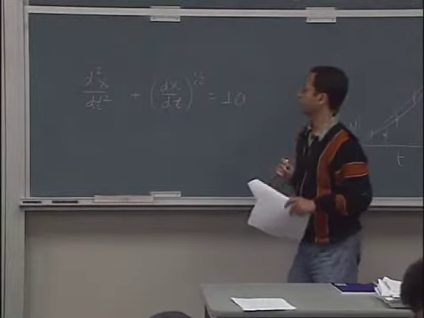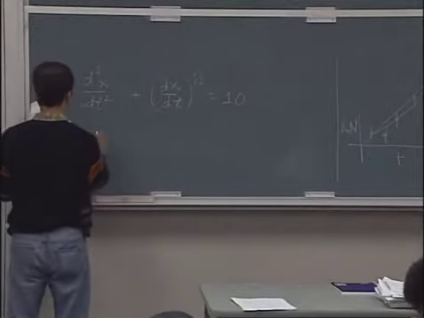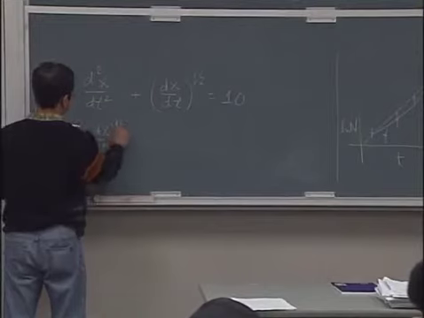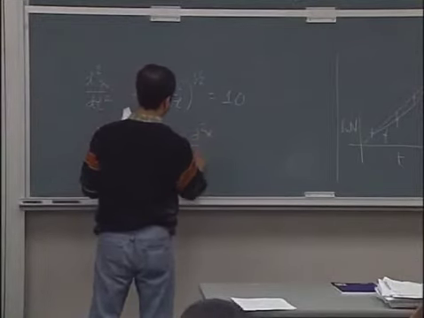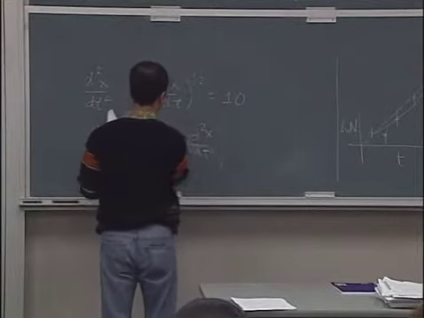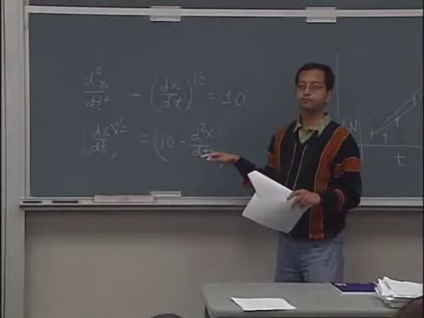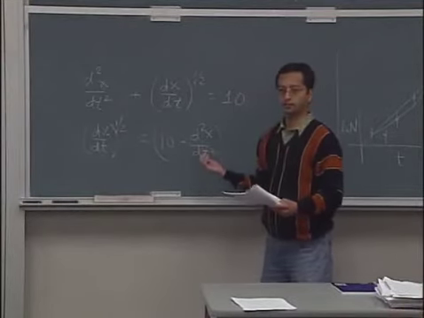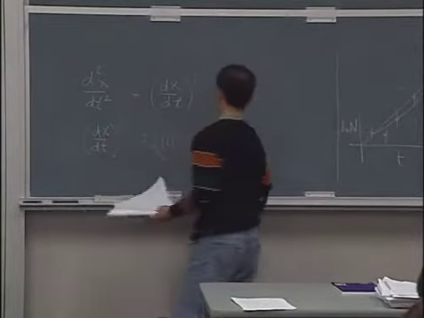So you need to make it an integer, and the way you do it, you take (dx/dt) to the power half equals 10 minus d2x/dt2. I change sides. That's all I did. Do you follow? And now how do I make this integer? Just square it. If I square it, I get this.